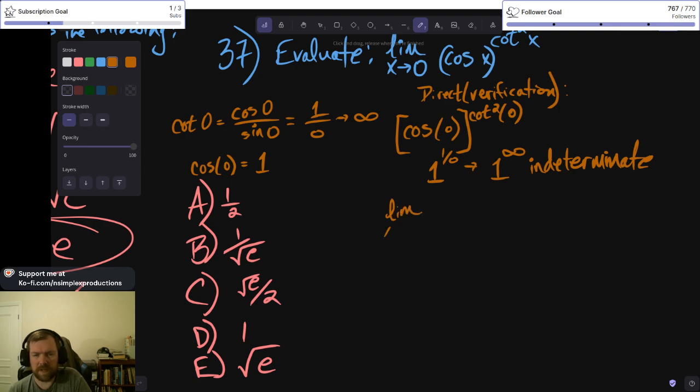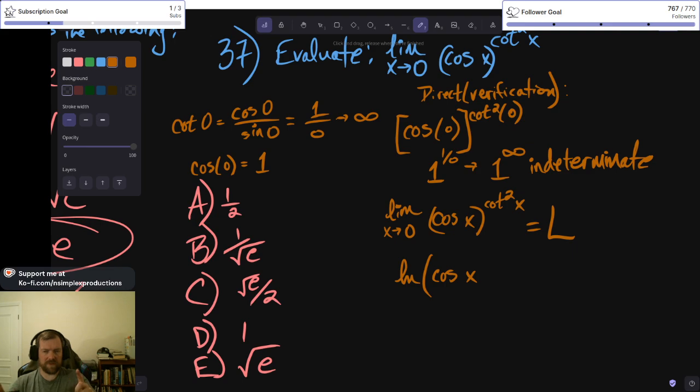So we take the limit as x goes to 0 of cosine x raised to the cotangent squared of x, and then we say, well, if this is going to be a limit L, then we can make this a bit easier by saying, let's take the natural log of the cosine of x raised to the cotangent squared of x, but that's an exponent now, so we can drop that up front as a multiplier.